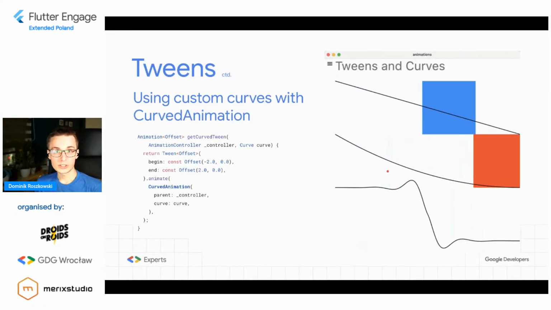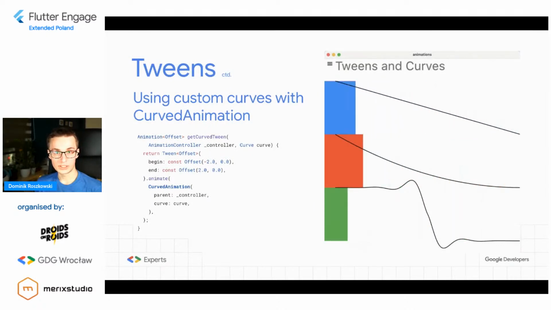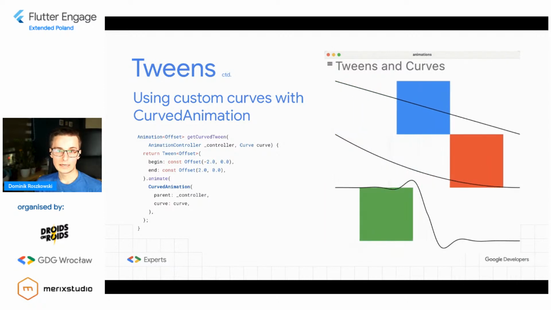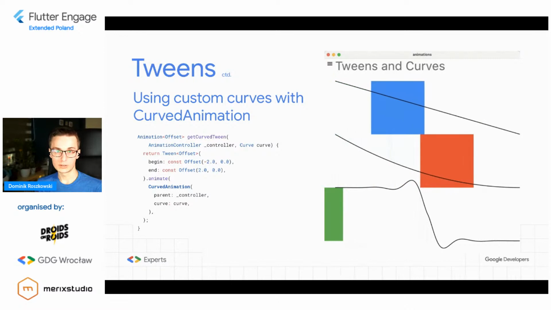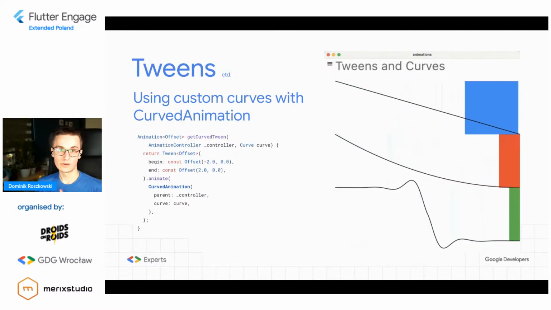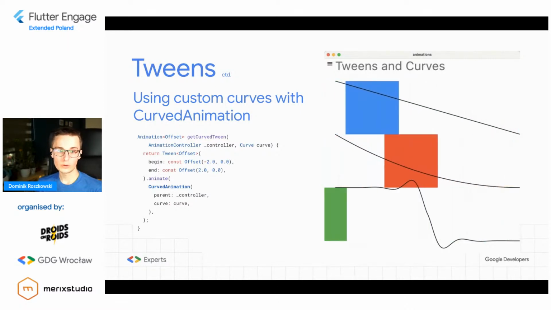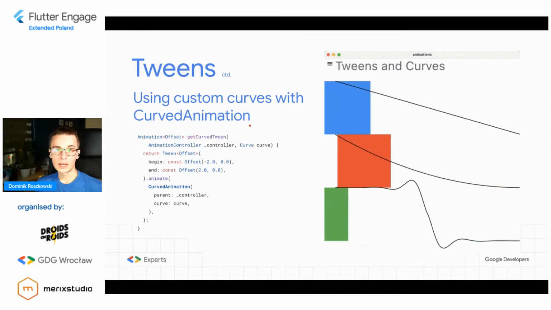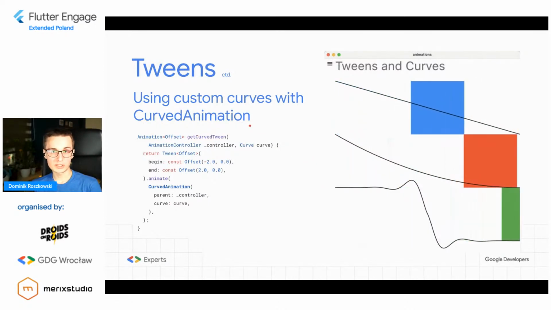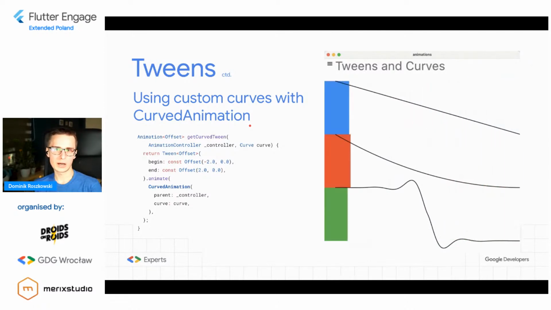And I also mentioned these curves that you can use with your Tweens. In order to actually convert a simple linear Tween to some Tween based on a curve, you need to use something called CurvedAnimation. I also had some problems with that in the past, and I remember that I struggled to understand how it works.